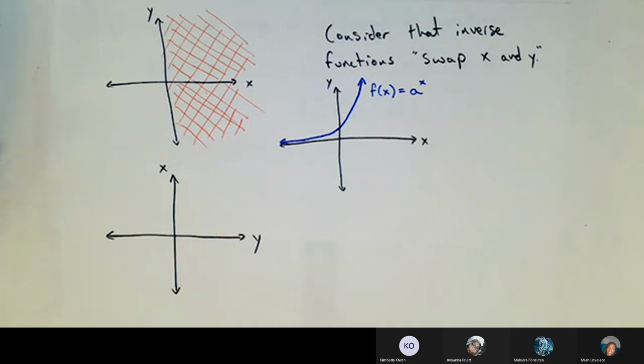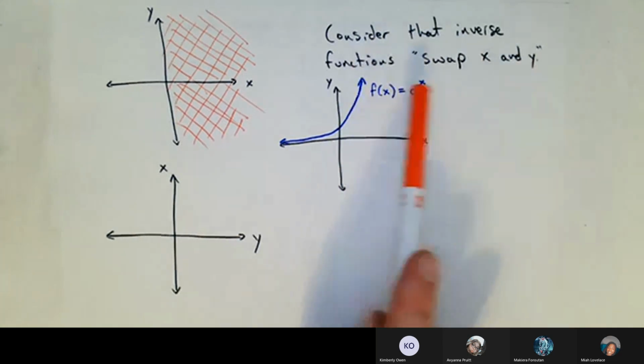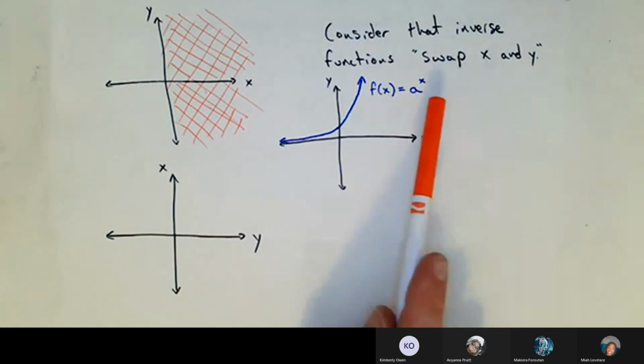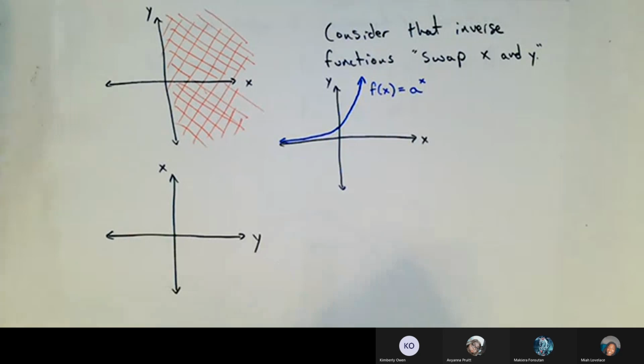It will be a logarithmic graph because inverse functions swap x and y, and exponential functions and log functions are inverses of each other. So now I need to draw this function on this graph, and then I'll flip it back so that x and y are in their normal positions and flip the graph with it.